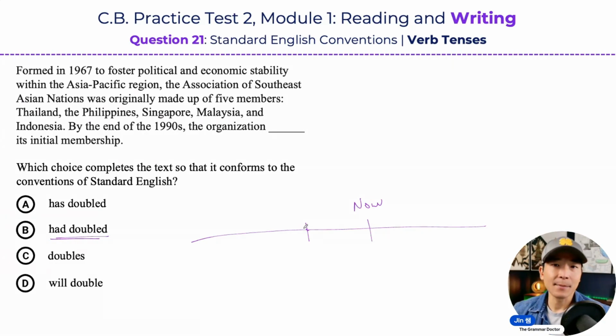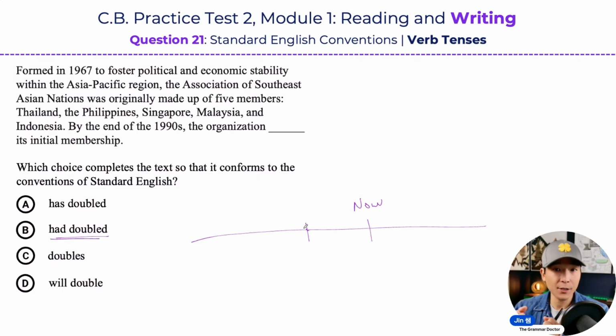If I say something like, "Before I arrived at the airport, the plane had taken off," here we have two events that occurred in the past: my arrival at the airport and the plane taking off. The past perfect is used for the event that occurred first.